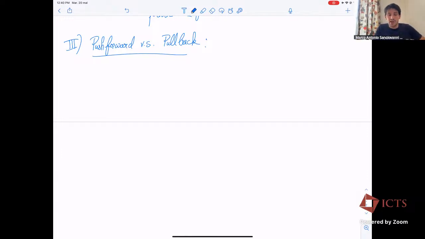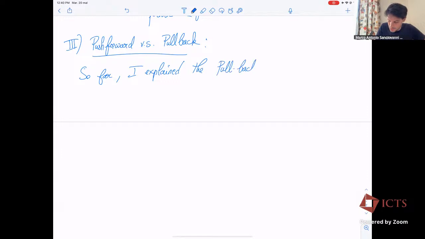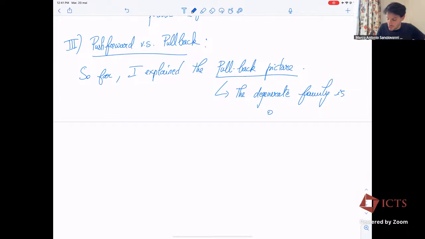So I explained so far the pullback picture. So this means the degenerate family is on the big group.